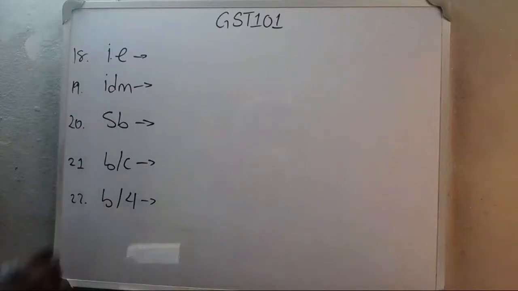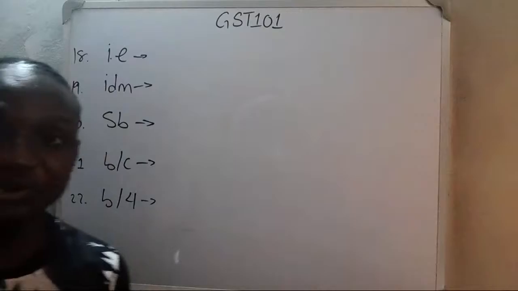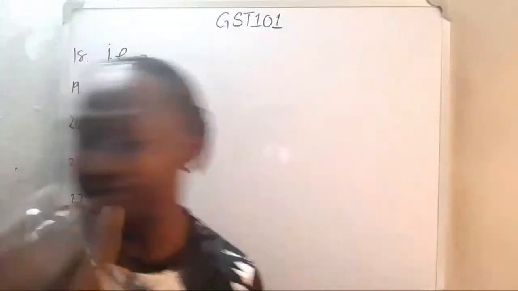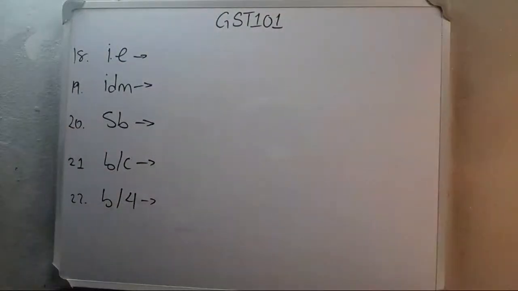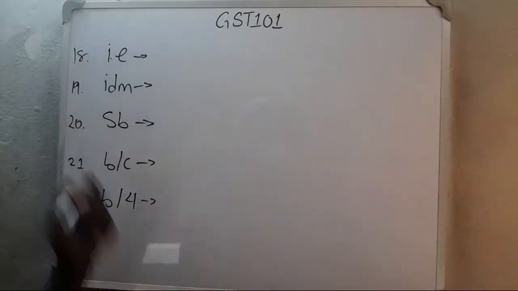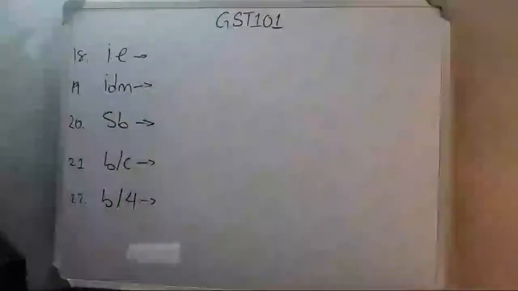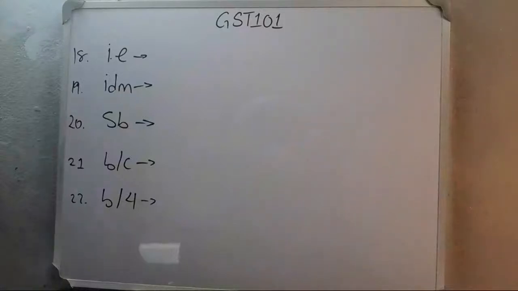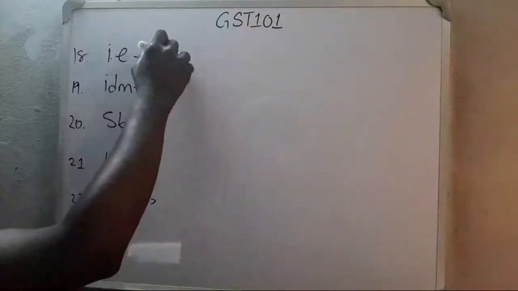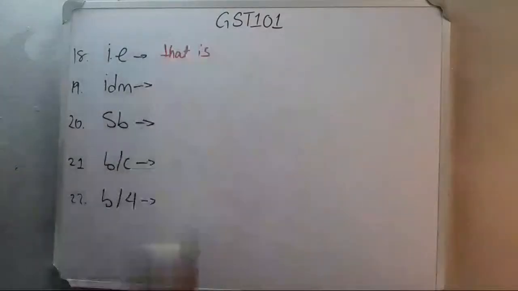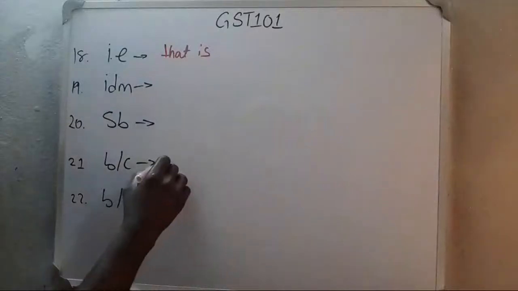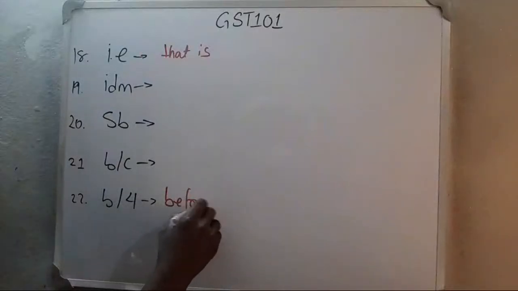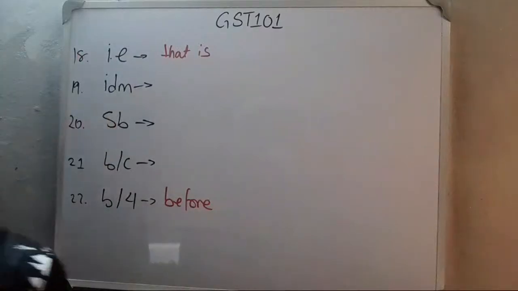Now, there's something I want us to touch, because I'm very sure this comes out every year. It's in the keynote. But let me just give us a tip of the iceberg. Let's quickly attend to this. All these things are things you use when you're abbreviating.